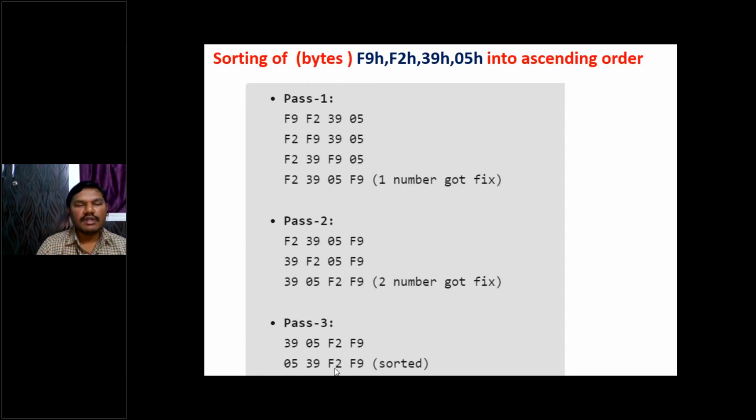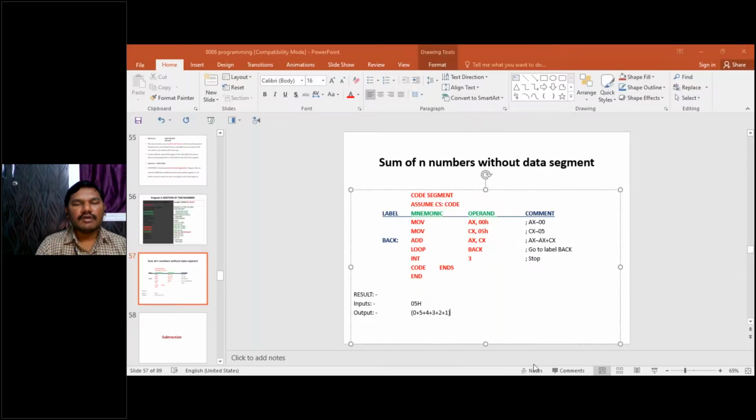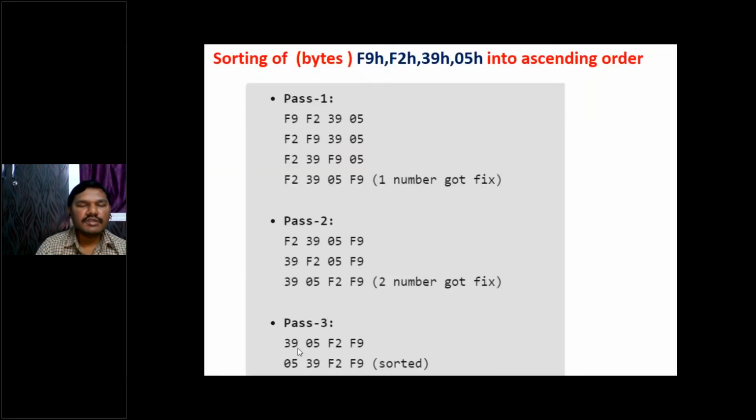Like that it performs this operation and compares the values. Now you see here, I have taken 39, 05, F2 and F9.